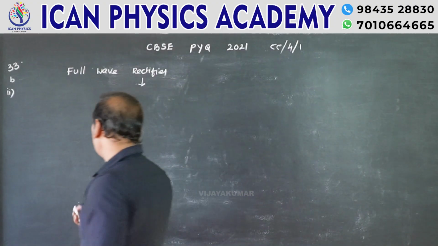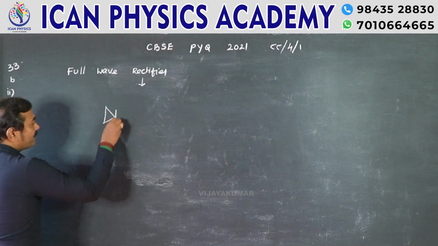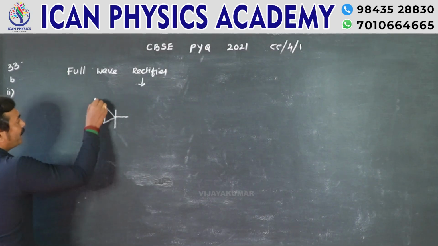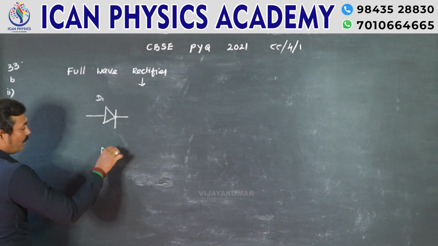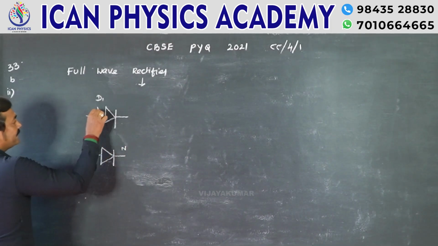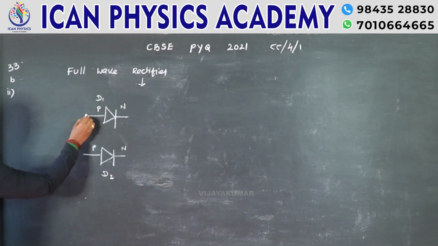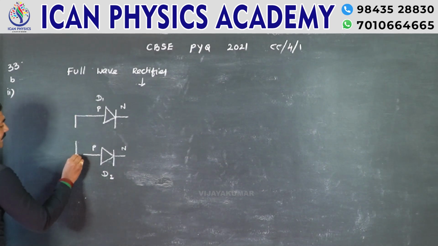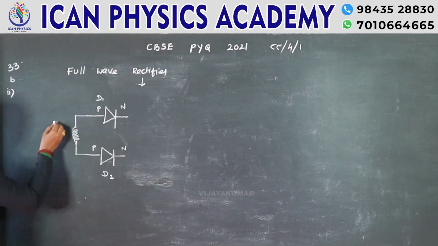So a diode can act as a rectifier. The full wave rectifier consists of two diodes, diode 1 and diode 2. Now there is a P side and an N side. The two P sides of the diodes are connected with the secondary of the transformer.